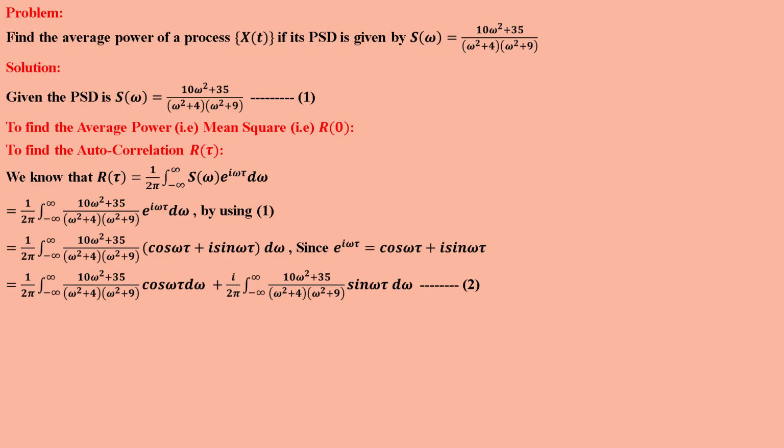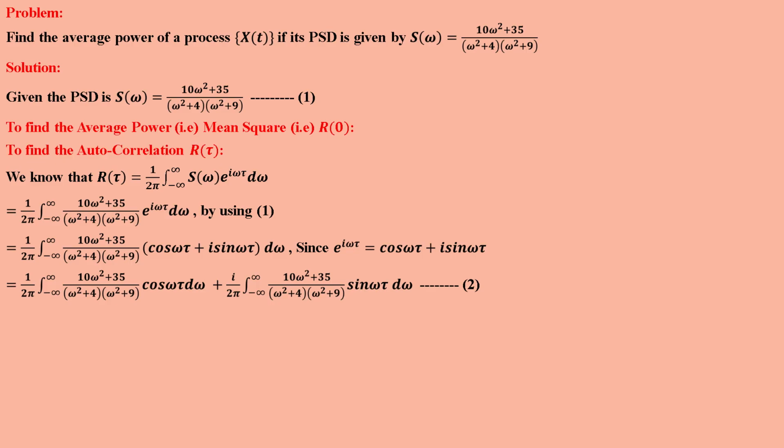So first we split the integral into two: 1/2π integral from minus infinity to plus infinity of (10ω² + 35) / ((ω² + 4)(ω² + 9)) cos ωτ dω plus 1/2π integral from minus infinity to plus infinity of (10ω² + 35) / ((ω² + 4)(ω² + 9)) sin ωτ dω. That is equation number 2.